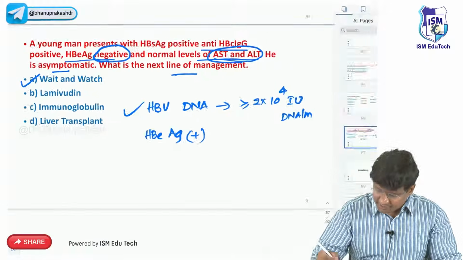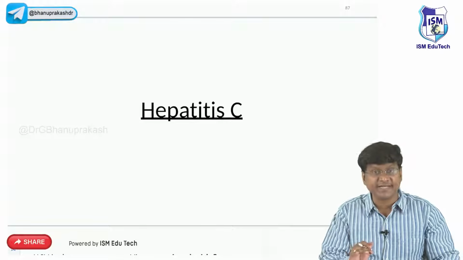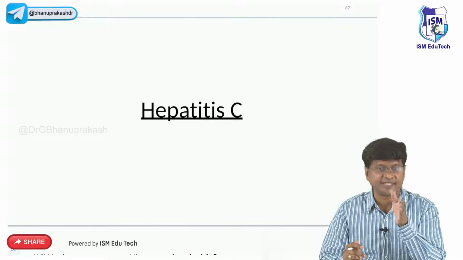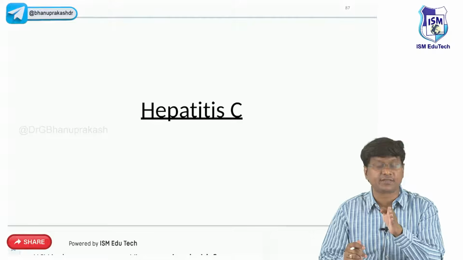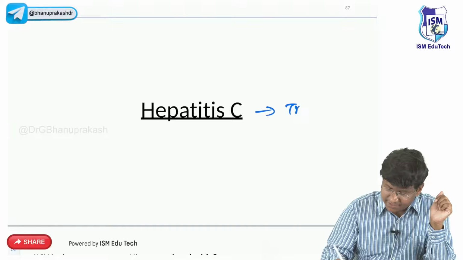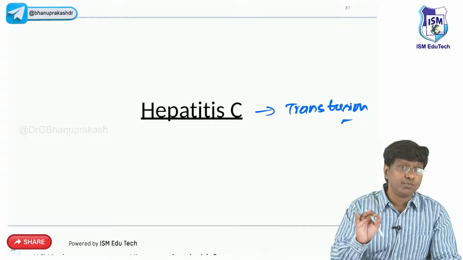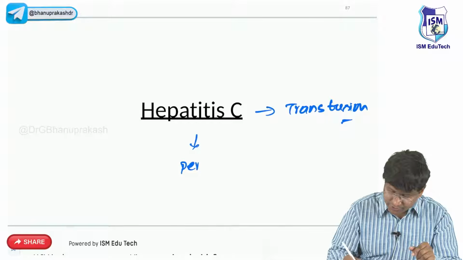Now the next important thing in the GAT is hepatitis C, that is viral hepatitis C. The hepatitis C virus is the most common virus associated with transfusion-associated hepatitis. So it is transmitted most commonly via transfusion, and the other method is by the percutaneous route.